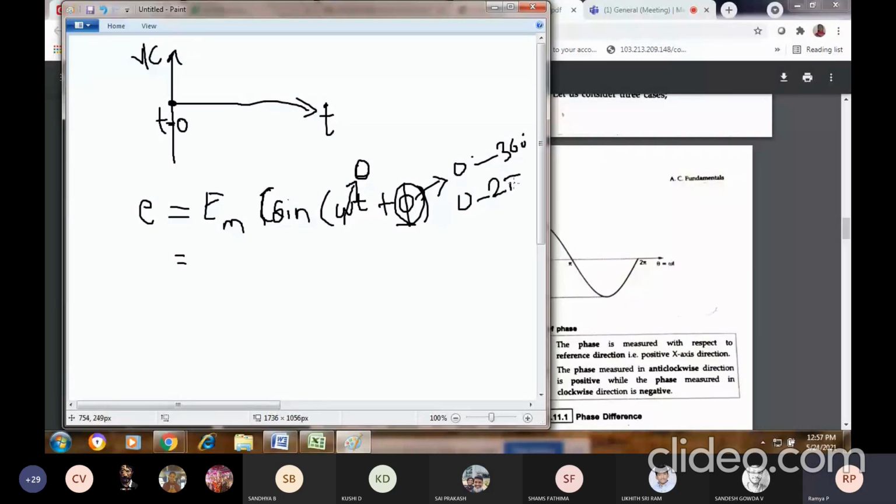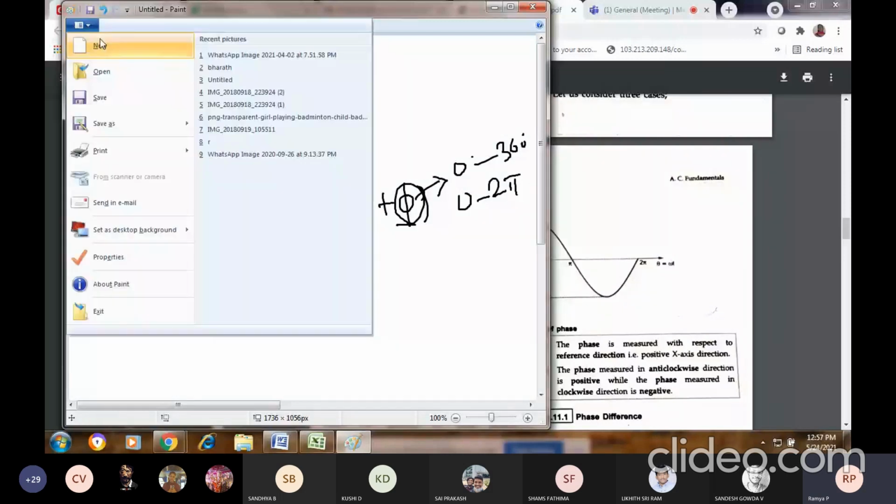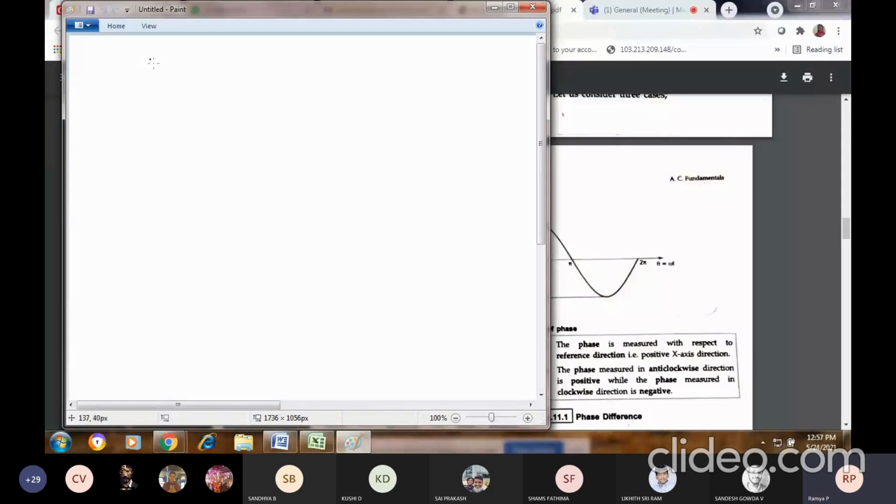Now my point is, you take the same general equation. Whenever you come out with the addition of phase angle, it will be e equal to Em sin theta plus phi, or in terms of omega t, Em sin omega t plus phi.